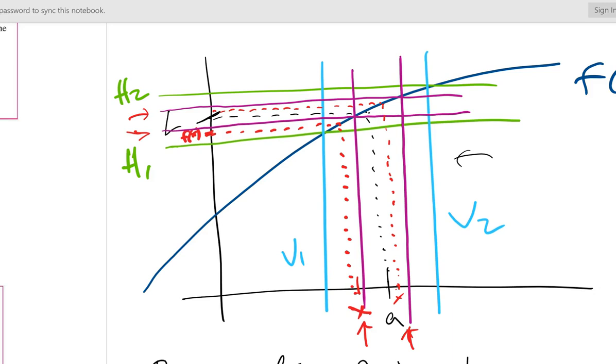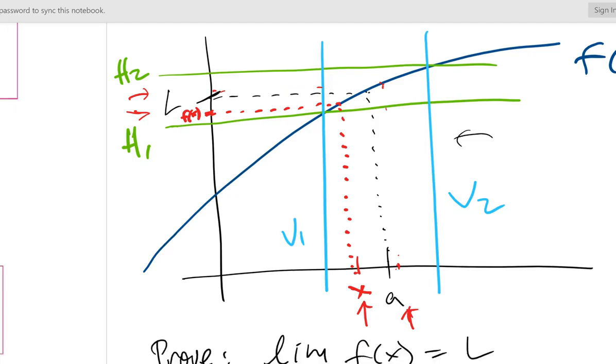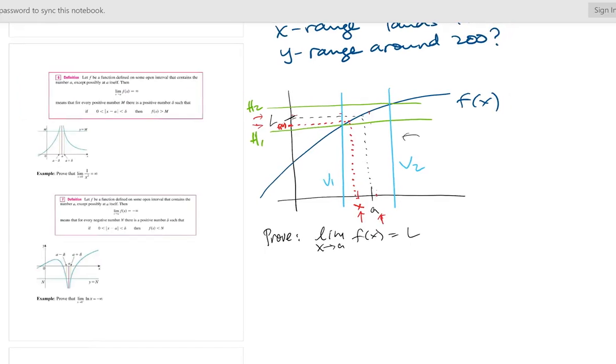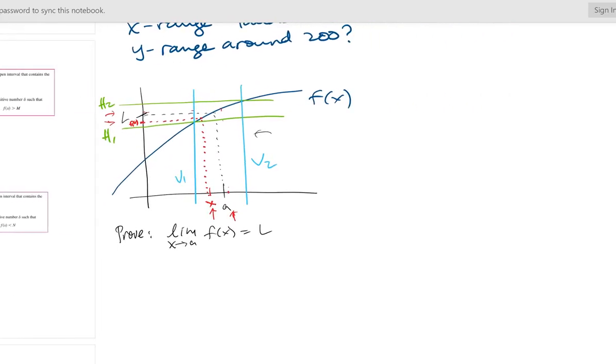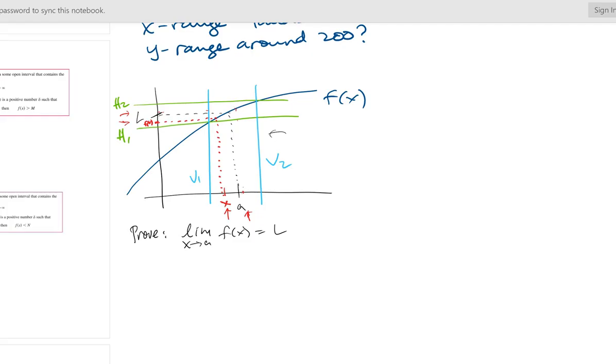All right, let me erase and write all this out. I'm going to keep the graph there.